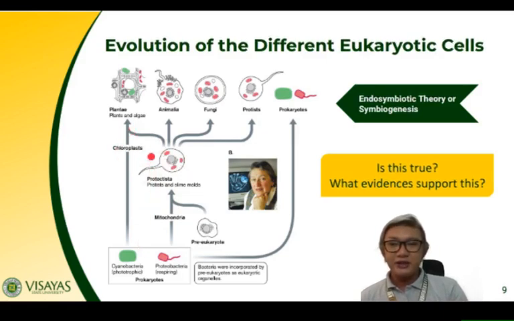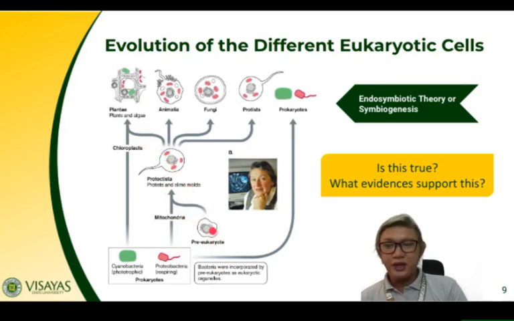The cyanobacteria survived inside the protoctista cell, and the cell provided a good environment for the growth and reproduction of this type of bacteria. Later on, the bacteria became a symbiont and evolved to become the chloroplast of the plant cell.